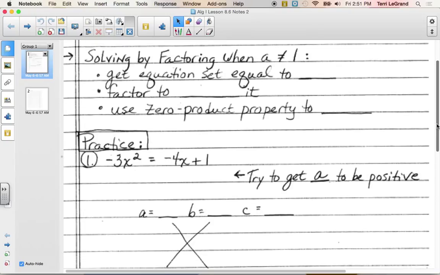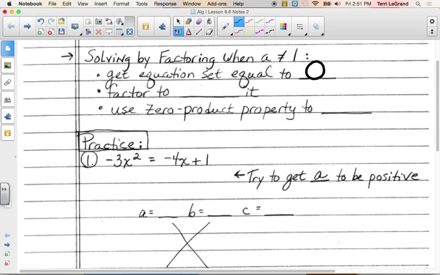As we start out today, it's going to be just like yesterday. We're going to use the same thought process. Get the equation set equal to 0. Factor it. You remember that? Rename it, give it its factored name, in other words.